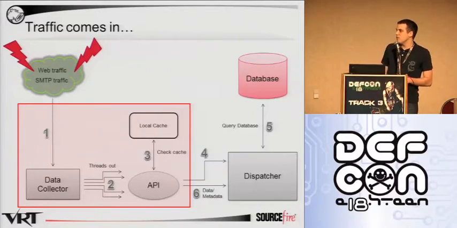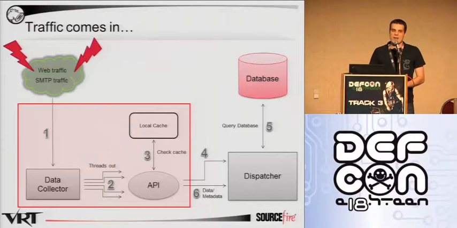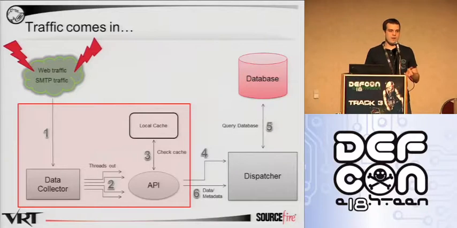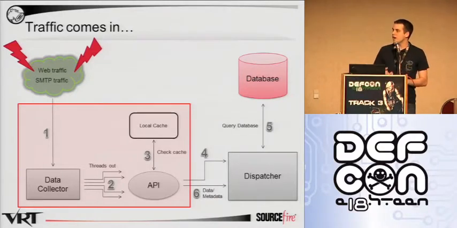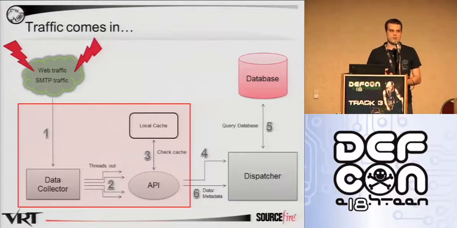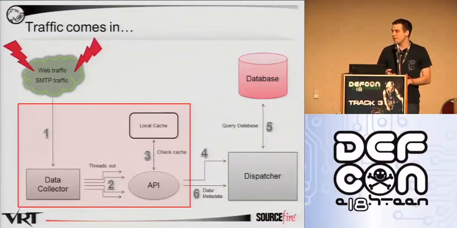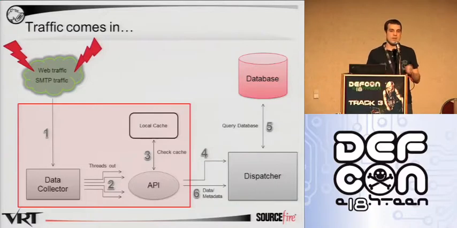So the API will then check it against a local cache of signatures. We have actually two types of caches. We have a cache for signatures such as MD5 and file size together. We're using MD5 currently, but you can theoretically use any kind of signature that you want. We've also got a local cache of URLs. But if it finds that it hasn't seen that previously, then it will do a remote cache query through the dispatcher, which will then talk to the database and see if the system as a whole or any nugget anywhere on the system has seen it.